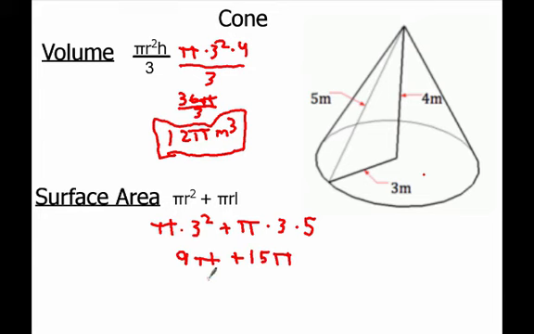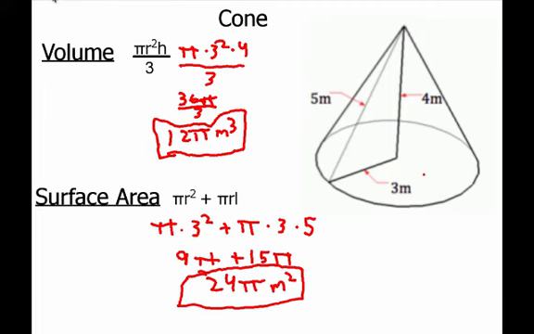Add those together, we get 24 pi meters squared because we're talking area. That is our exact answer for surface area in exact units. So, to find the volume of a cone, we simply apply this formula. To find the surface area, we apply this formula.